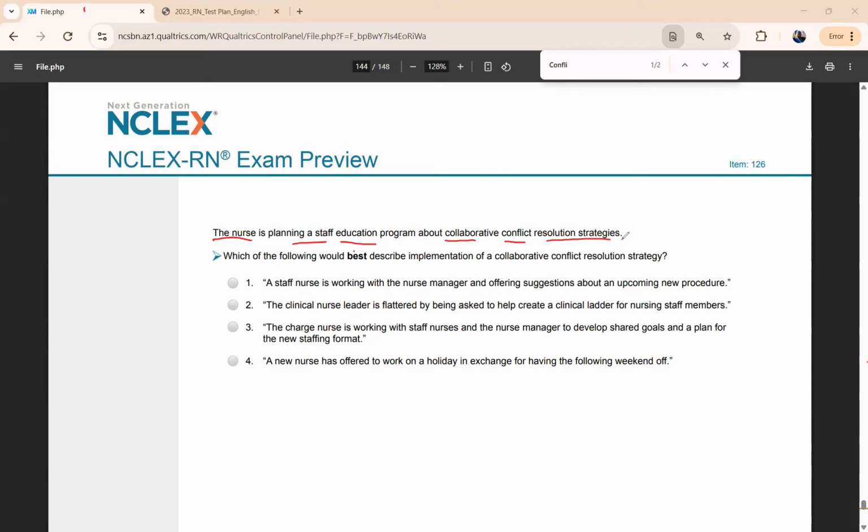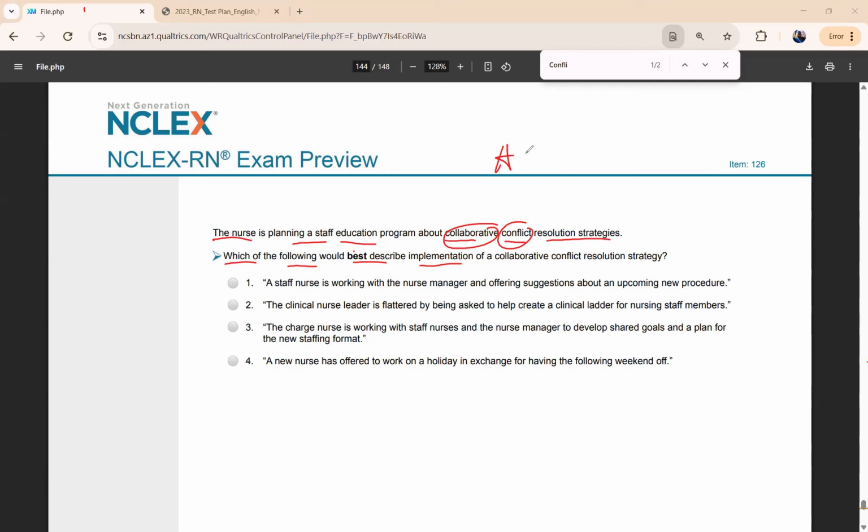Now, we are not only trying to solve conflict, we are trying to collaborate. I just said recently that when you are trying to resolve conflict, you don't do it only by yourself, you do it with both parties. It might be you and another member or two different other people. So it's collaborative now. Which of the following would best describe implementation? And you saw what I said.